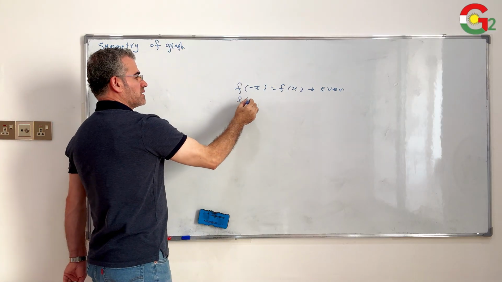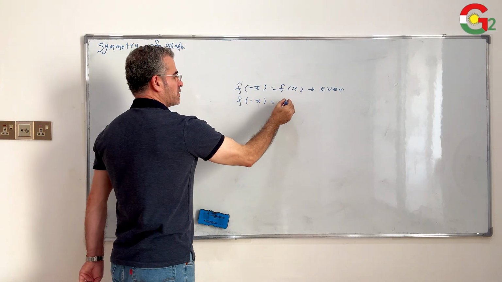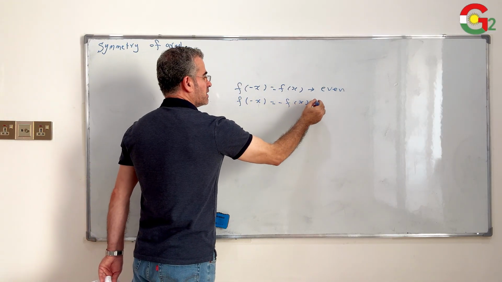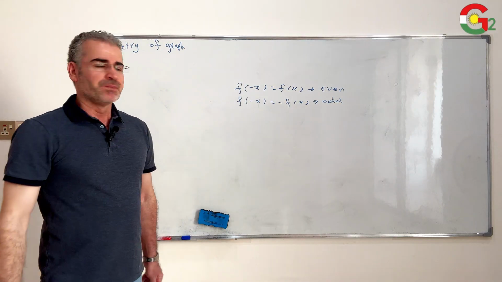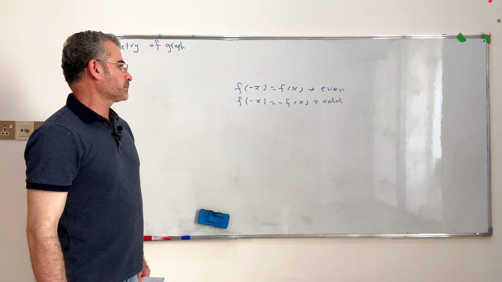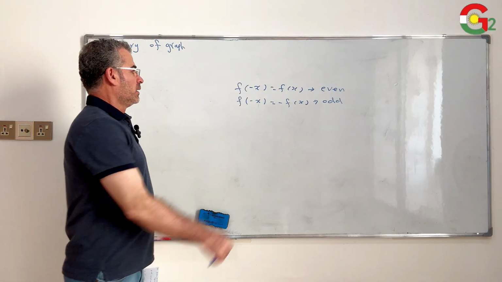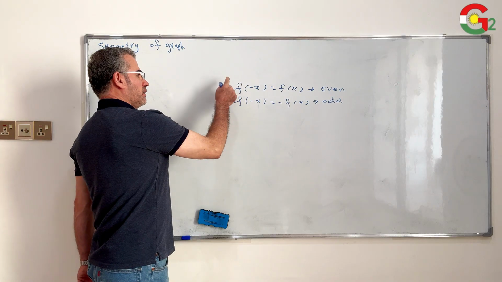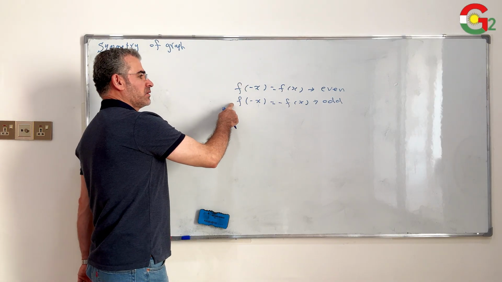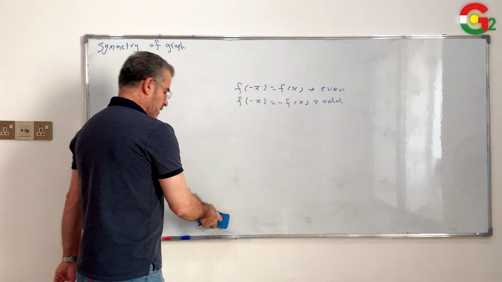If the function satisfies the condition f of minus x equals minus f of x, then the function is odd. That's it. If the function doesn't satisfy the first condition or the second condition, then the function is neither.